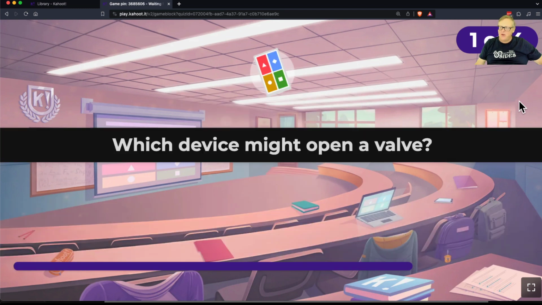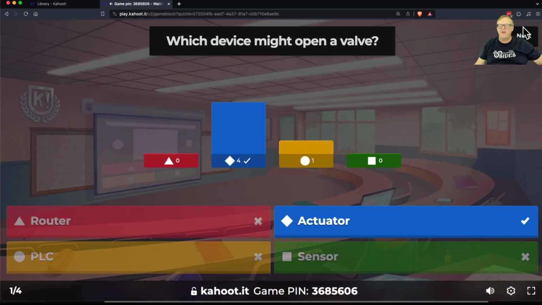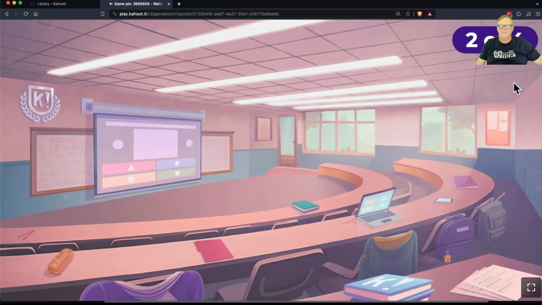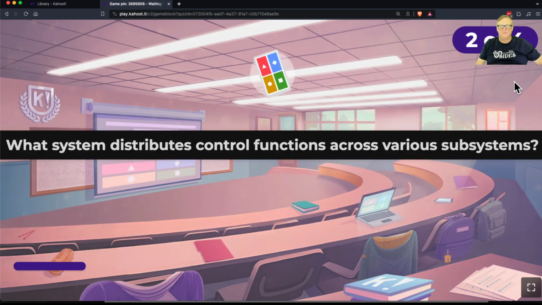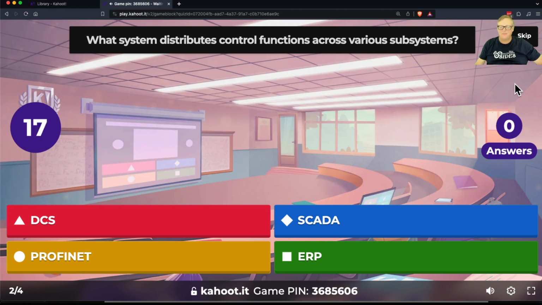All right. So which device would open a valve? An actuator. Good. What system distributes control functions across various subsystems?